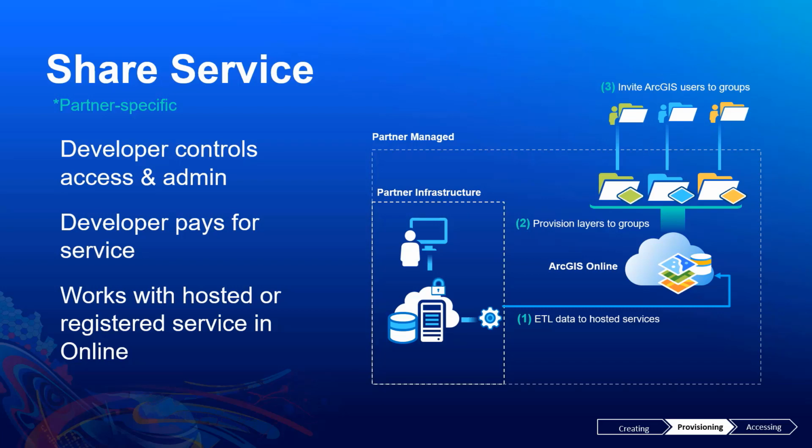So you as the developer control the access, the administration of that layer, as well as pay for the service because you're still hosting it in your own environment. And this works for any hosted service, but it also works with any registered service in ArcGIS Online. So that previous pattern we just talked about of registering a service can also be used to actually register it in your own ArcGIS Online organization and then share it out as a group.